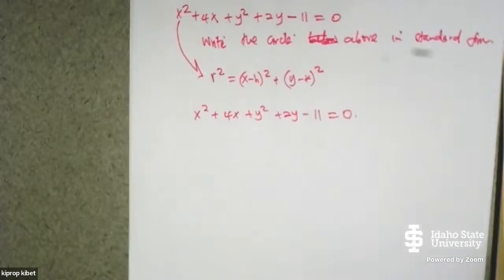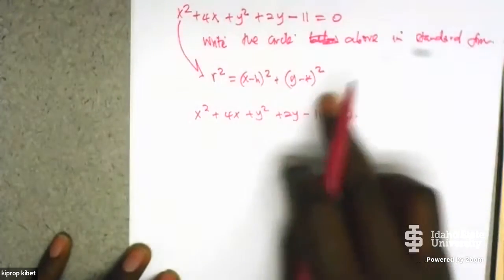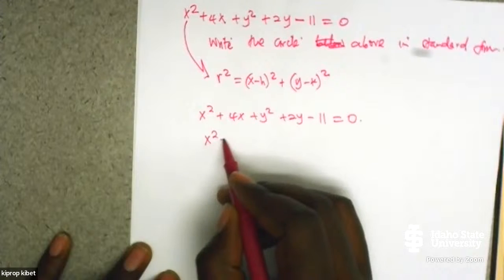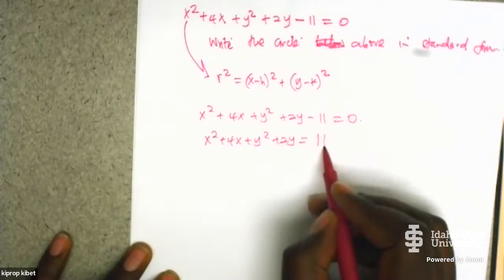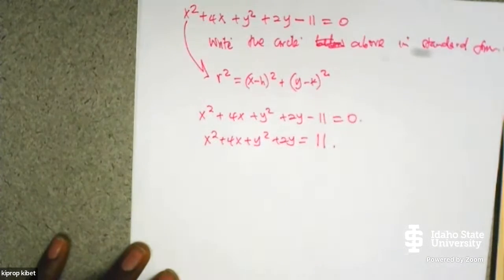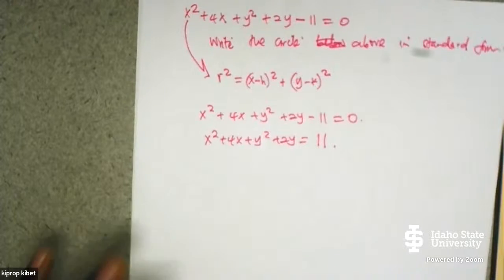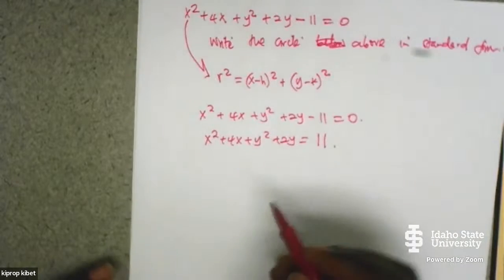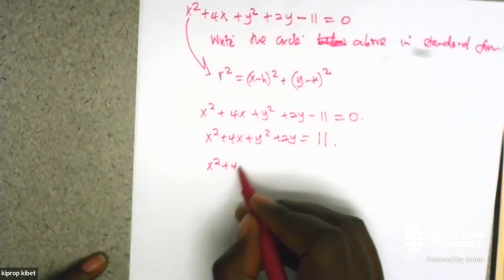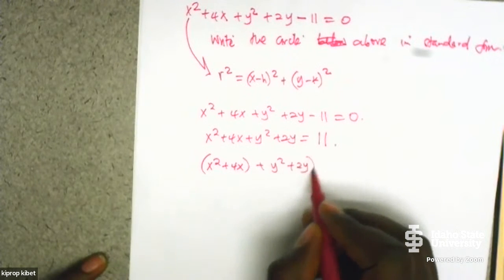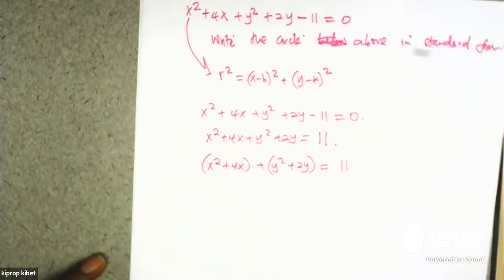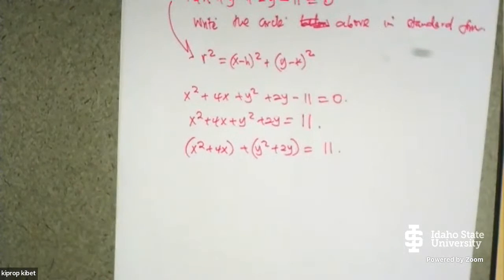So you move the constant to that side: x square plus 4x plus y square plus 2y equals 11. Now we group them according to their like terms: x square plus 4x plus y square plus 2y equals 11. Then we complete the squares in each one.